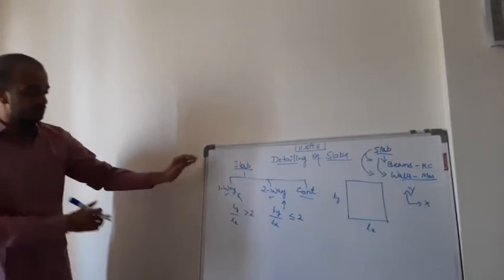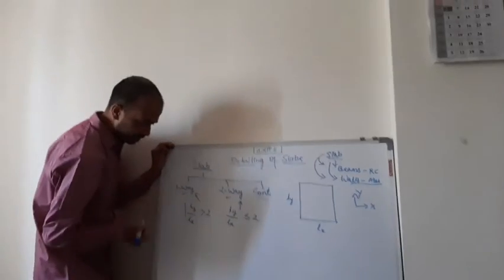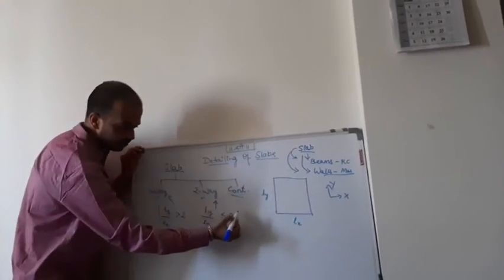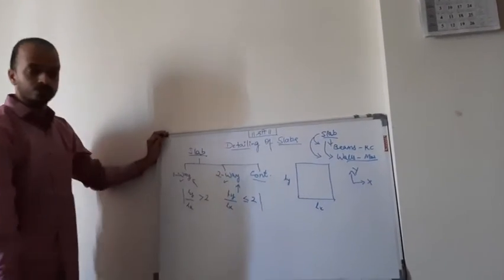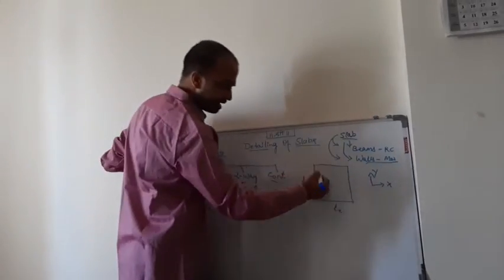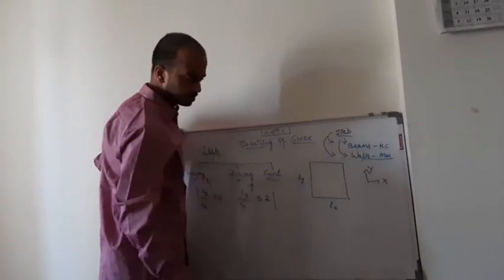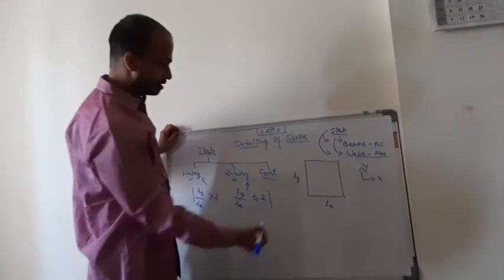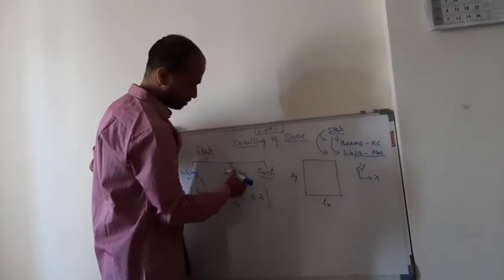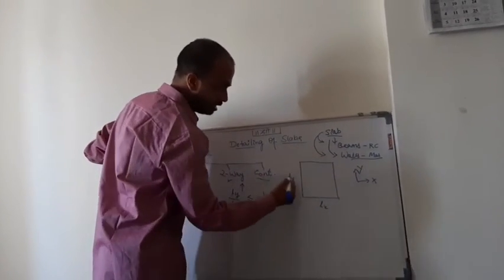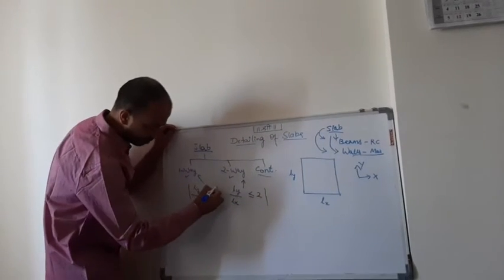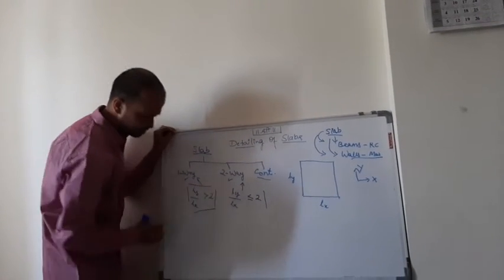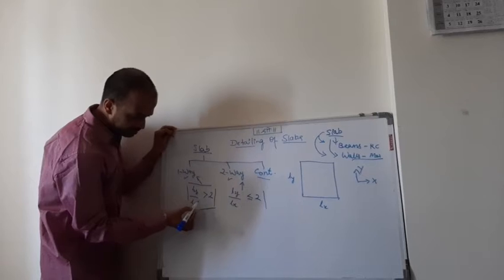So what is the reason behind this? Why we call this as one-way slab and why it is called as two-way slab? So I'll take this as a reference drawing and we'll try to understand what is the one-way and two-way slab from this. Okay, suppose now if I go from this formula, Ly by Lx should be greater than 2.